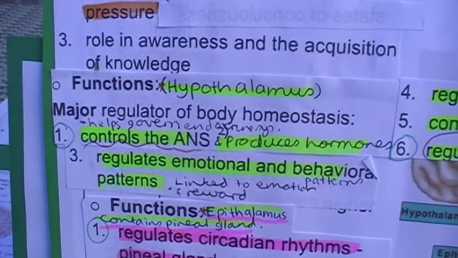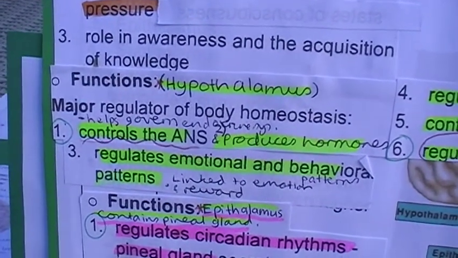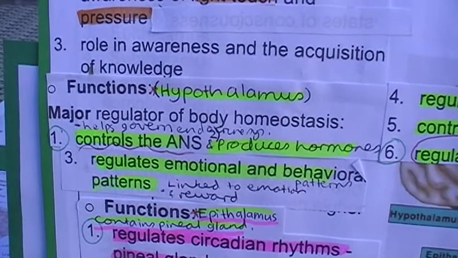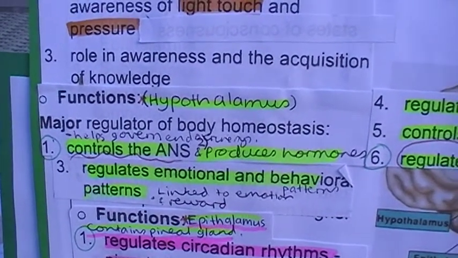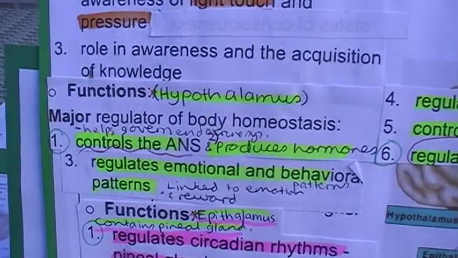You could say that as GEC: govern endocrine system, emotional and behaviour patterns, controls ANS. GEC, hypothalamus, GEC.